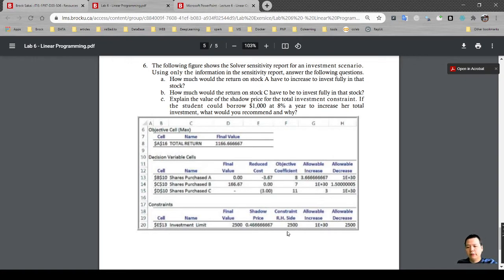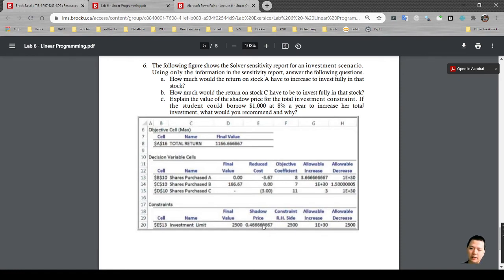If you can get more money, for every dollar you borrow, it will return 46 or 47 cents. So every dollar you borrow will yield 47 cents for the total return, okay?